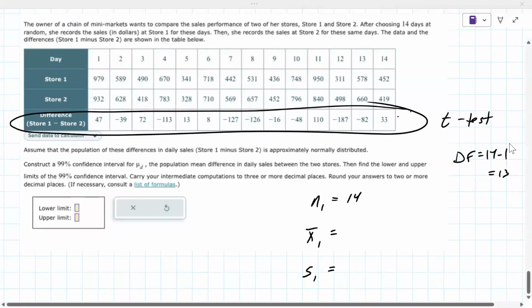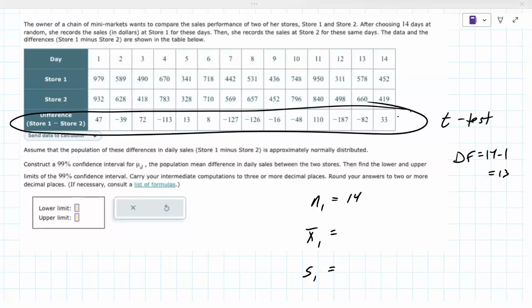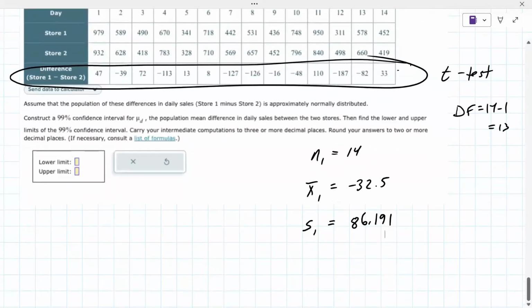The average that I got is minus 32.5, and the standard deviation is 86.191. So the confidence interval is minus 32.5 plus or minus the t value.